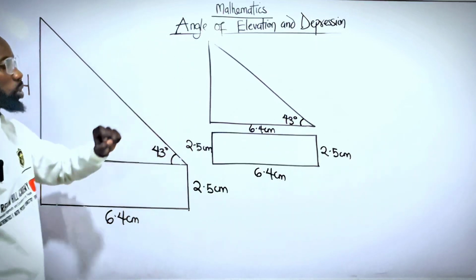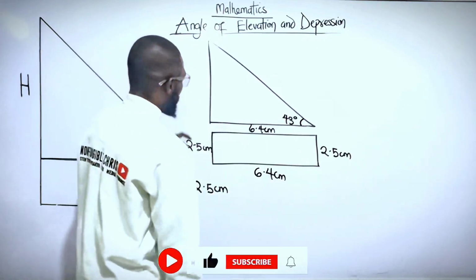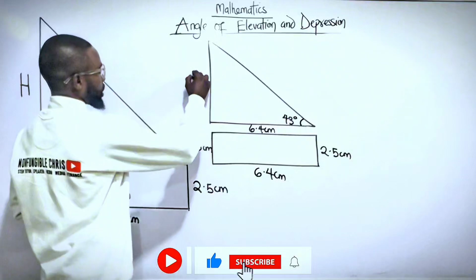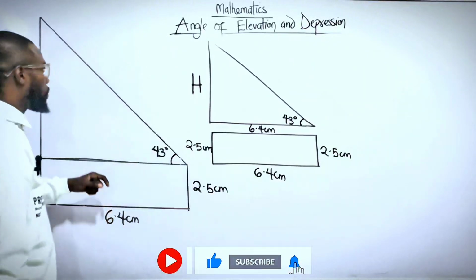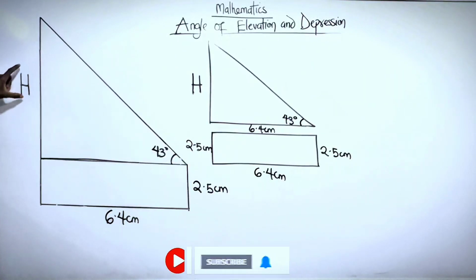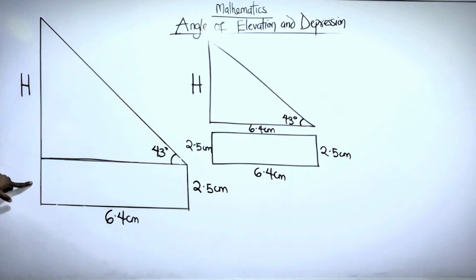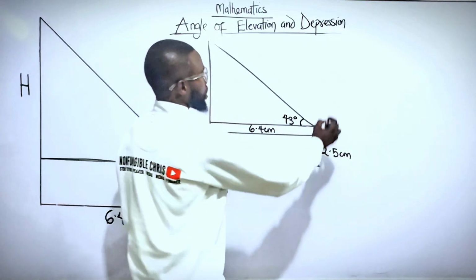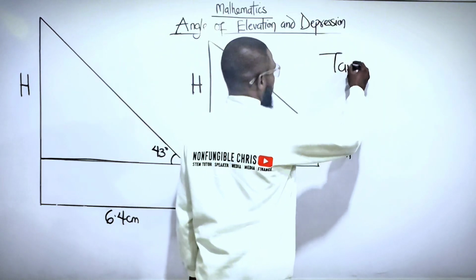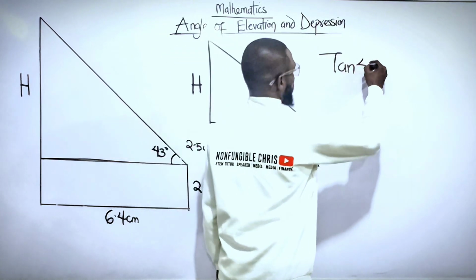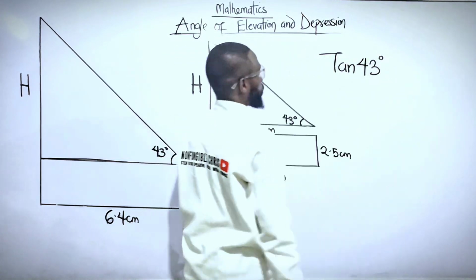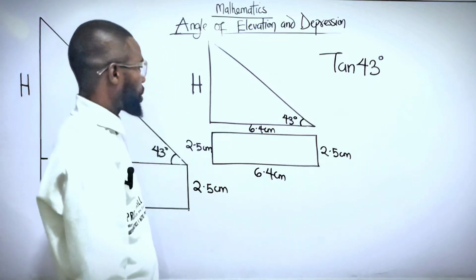So if we look at the triangle alone, we're looking for this height. Although we're looking for the total height, if we can get this height, we can add it to what we have here to get our answer. That's as simple as it gets. So for that, we're going to do tan 43.